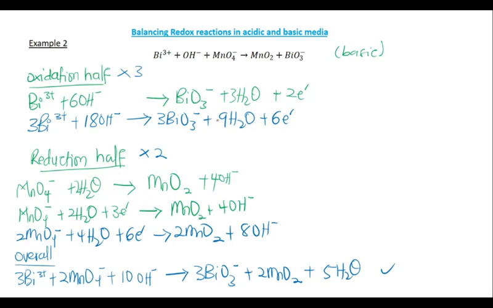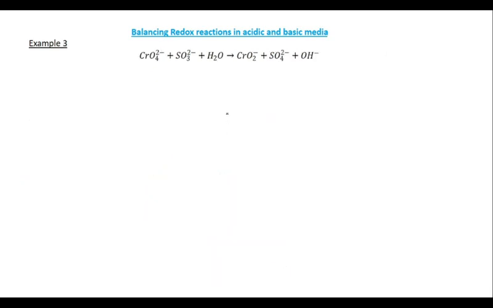So let's have a look at one final example for this tutorial. The last one we want to look at is this one over here. I'll go straight ahead without calculating. So the oxidation half over here is SO3 2 minus, leading to SO4 2 minus over here.